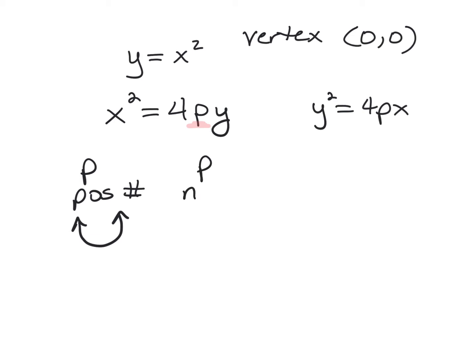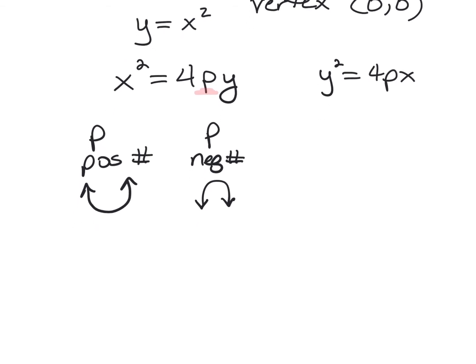When p is a negative number, it's going to look like this. And then what we're going to do first is we need to find the p-value.